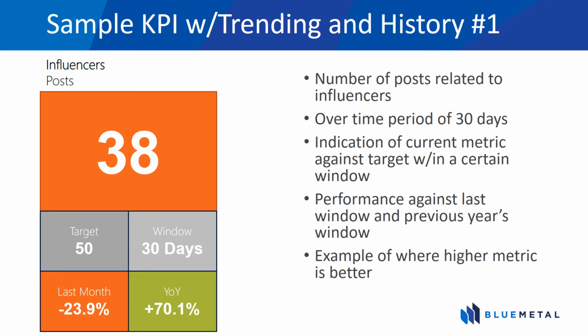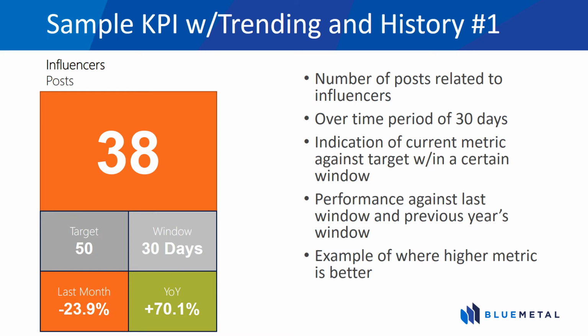Now here are a couple more that introduce some history into the context. So this is a little different format. In this metric example, we're looking at people who are influencers on the internet and how many posts did we get. So we're looking at a time period of 30 days, so a month. We had a target of 50, and so 38 is not close to 50, so we're coloring this the darker color, because we didn't make our goal.